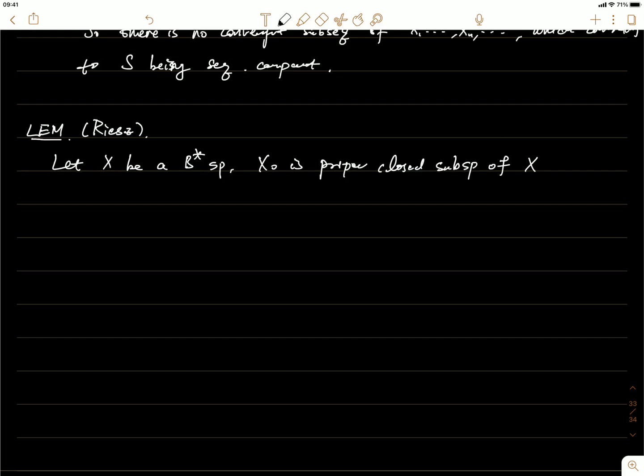Okay, here this X naught is not necessarily like the Mn above. It could be infinite dimensional.